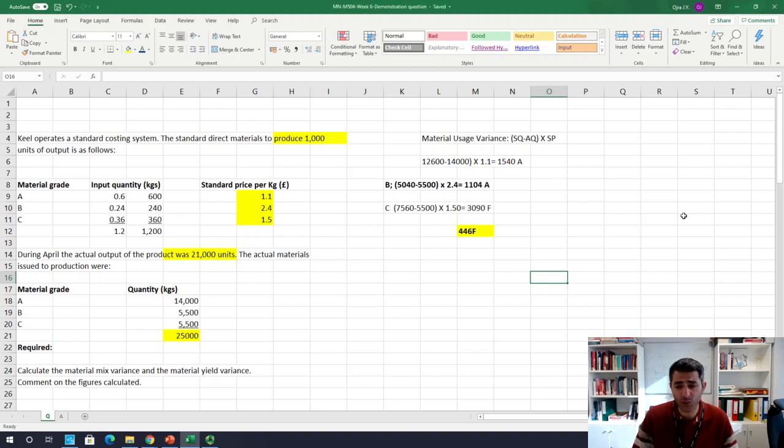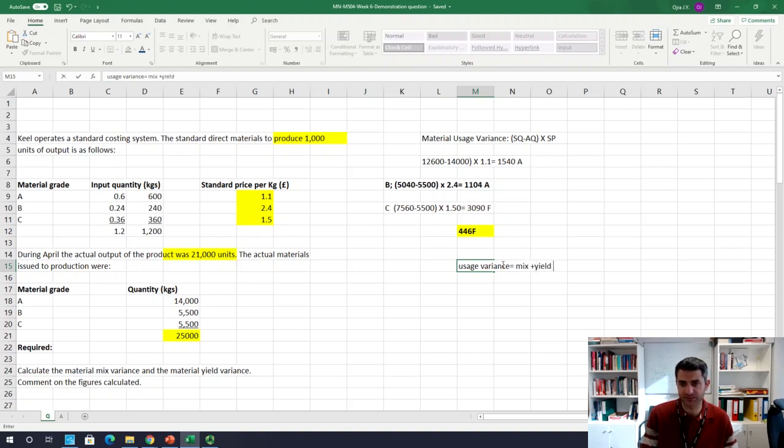Now, what we're going to do right now is divide this 446 favorable into mix and yield. So basically, usage variance equals mix plus yield.